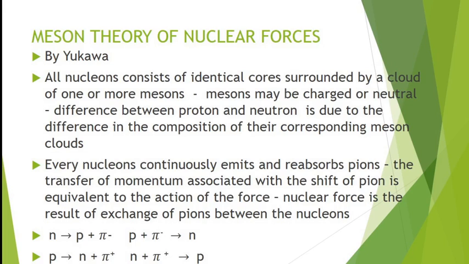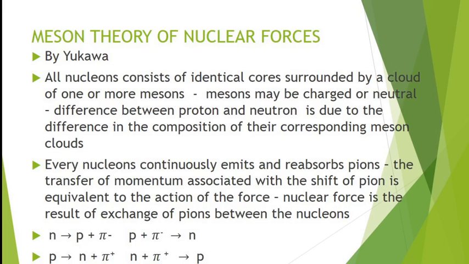The proton, on absorbing a nearby pion pi minus, will become a neutron. So continuous emission as well as absorption of pions takes place between the nucleons, so that this transfer of momentum or change in momentum corresponds to a force which is known as the nuclear force.